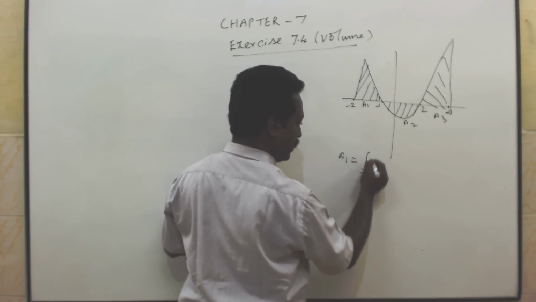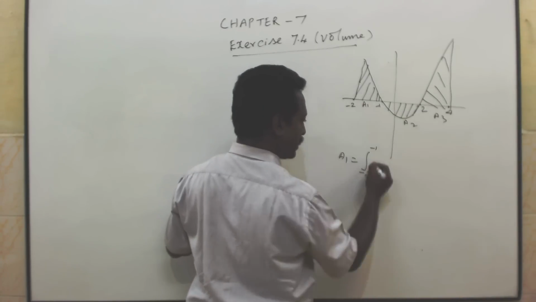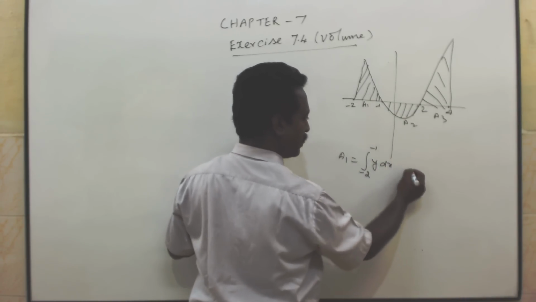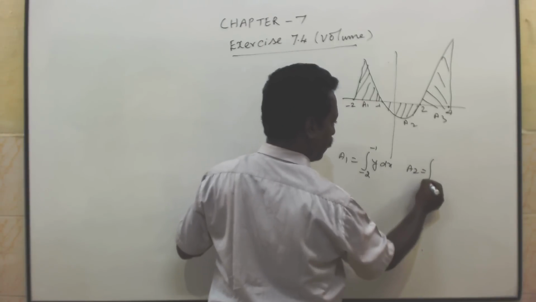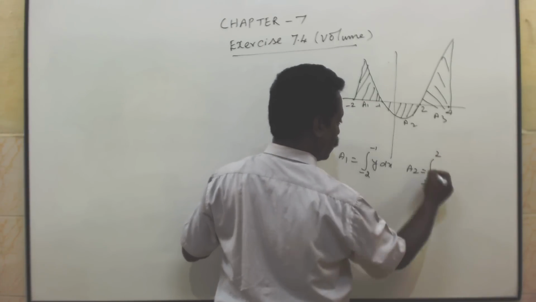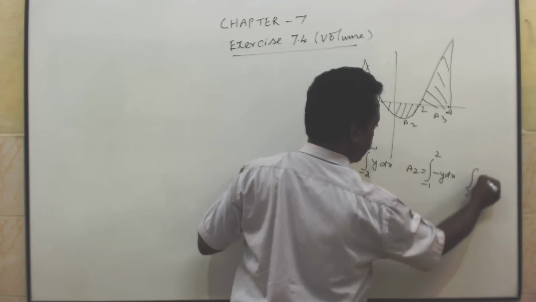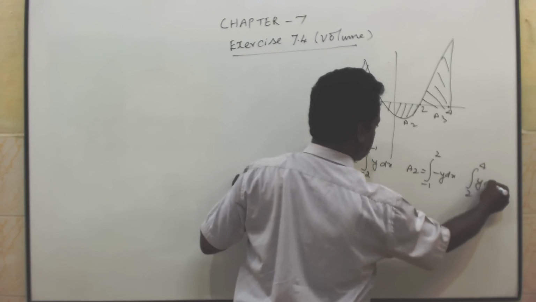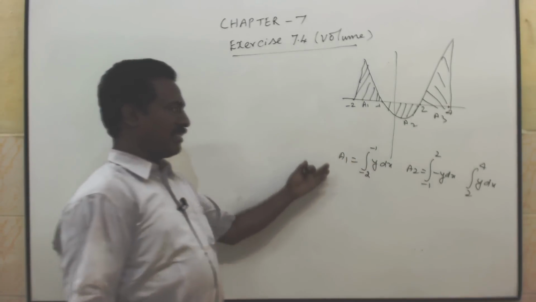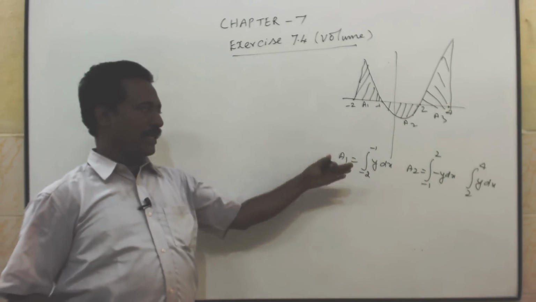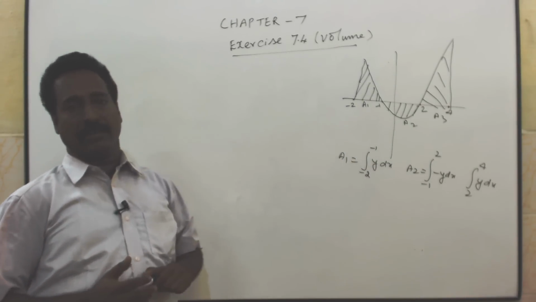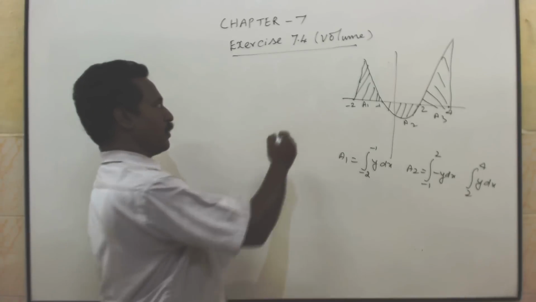Minus 2 to minus 1 above the x-axis, that's why plus y dx. What is A2? Minus 1 to 2 below the x-axis, minus y dx. What is A3? 2 to 4 above the x-axis, y dx. After that, you know y, substitute y and integrate, finally add these three, you will get the result. This is example number 7.25.